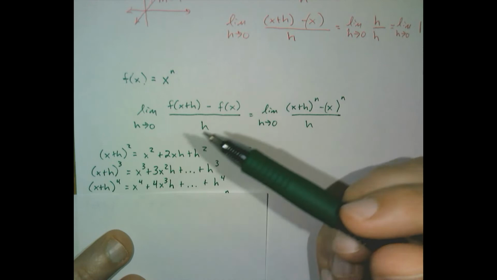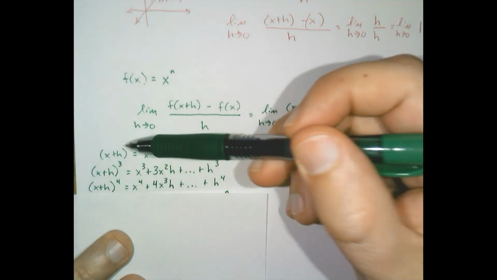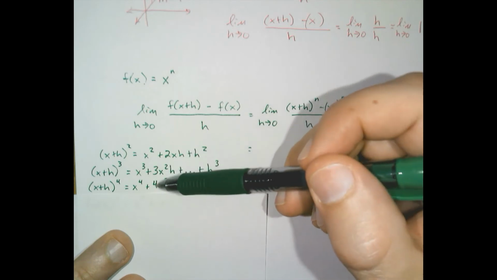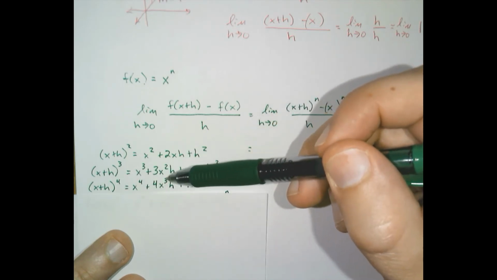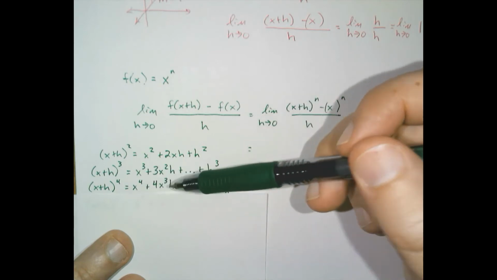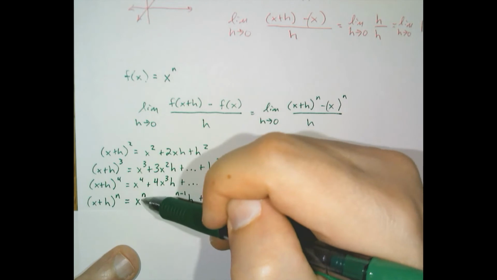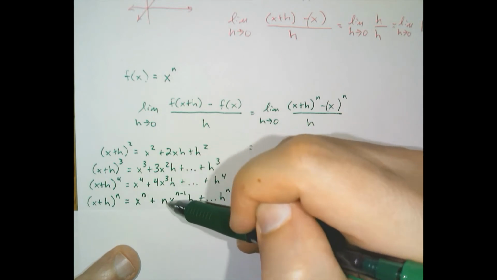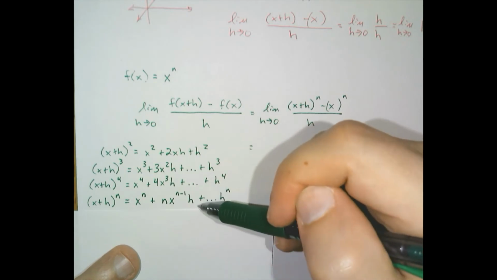So the pattern that we should be seeing is the very first term is always x to that number, and the next term is that number times x to a degree less. So 4 minus 1 is 3. So if I have x plus h to the n, my first term is going to be x to the n. My next term is going to be n times x to the n minus 1 times h.